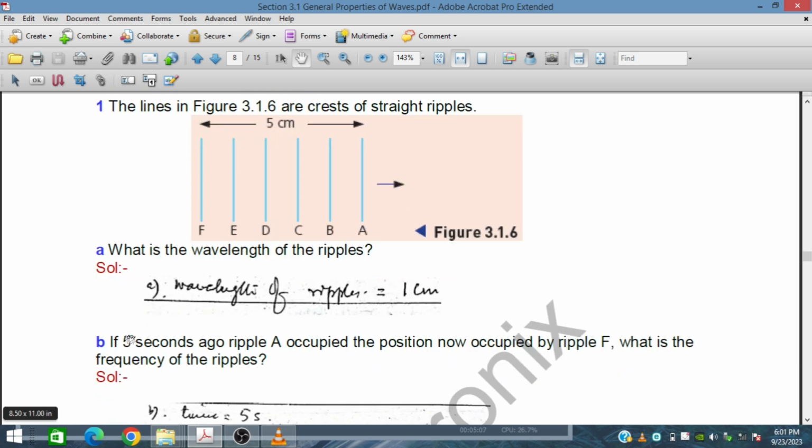In part B, if 5 seconds ago ripple A occupied the position now occupied by ripple F, 5 seconds ago this point was here. What is the frequency of the ripple? It takes 5 seconds to move from this to this.